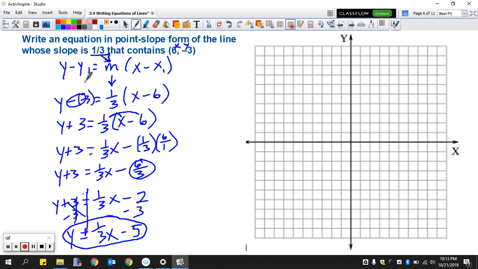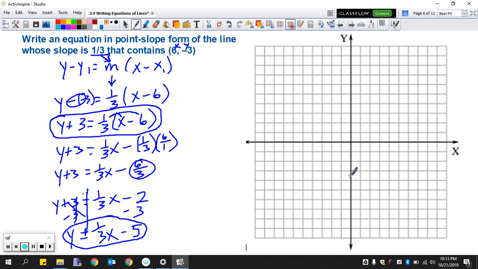If we would have stopped at point-slope form, we would have stopped at the point right here. I went ahead and solved for slope-intercept form because we're going to graph this particular equation. So the y-intercept is -5.